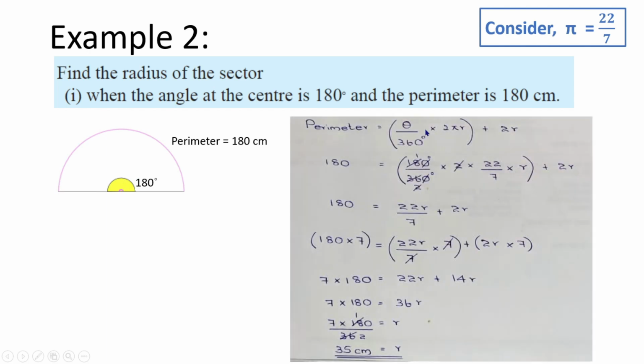So you can apply it to the equation. Theta is 180 over 360 into 2 into 22/7, which is pi, into r, because we don't know r, we have to find r, plus 2r is equal to 180. So when you simplify, you can get r as 35 centimeters.